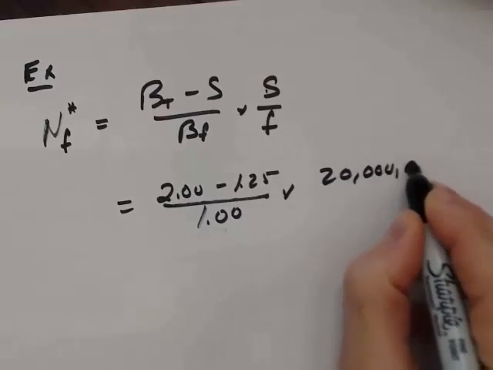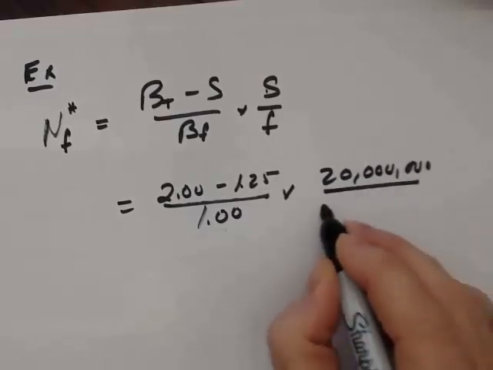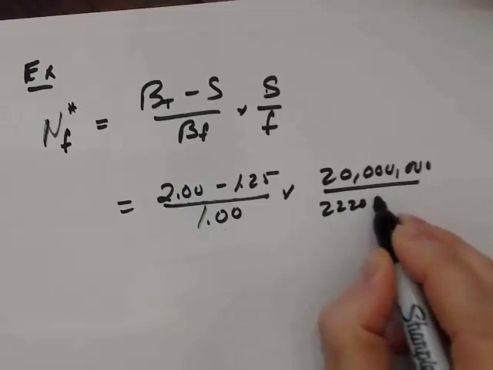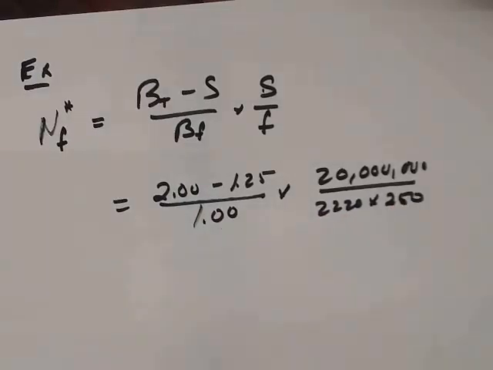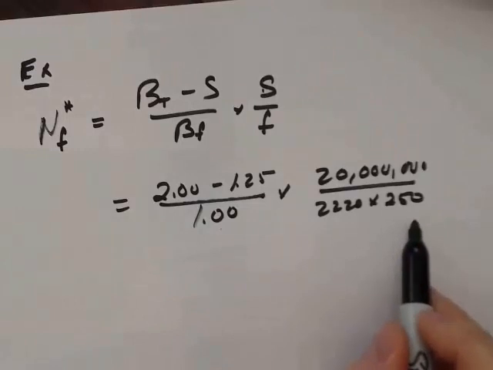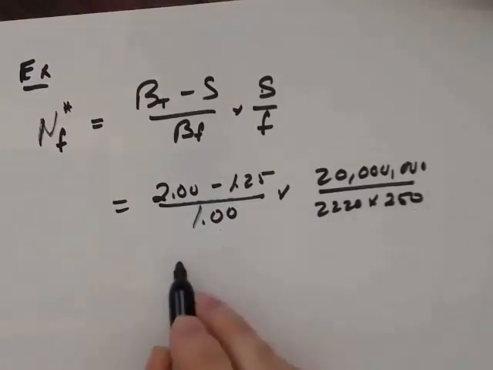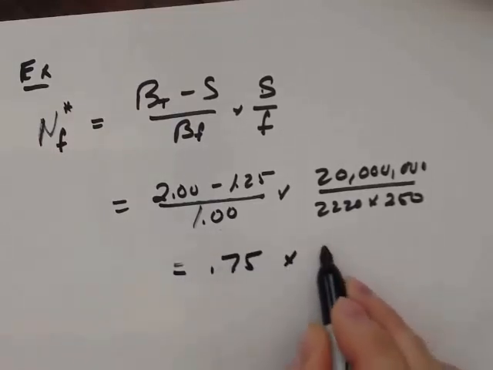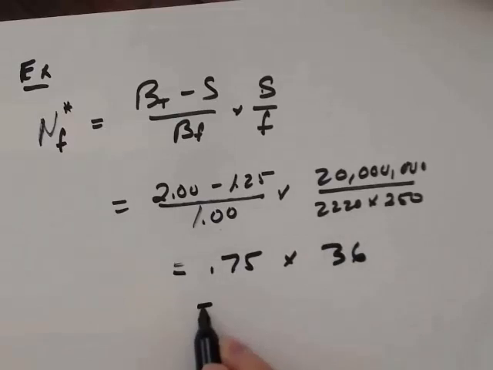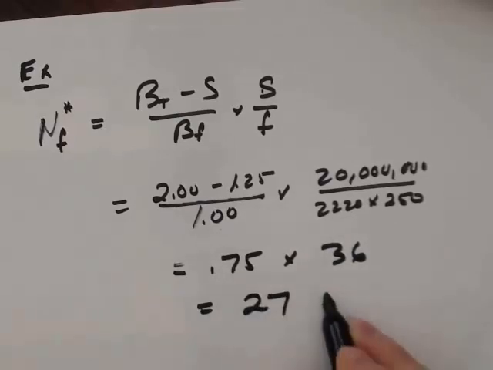We have a $20 million stock portfolio. The futures contract size is the futures price times the multiplier, $250. We get done with this, we get 0.75 times 36 and change, about 27 contracts long.